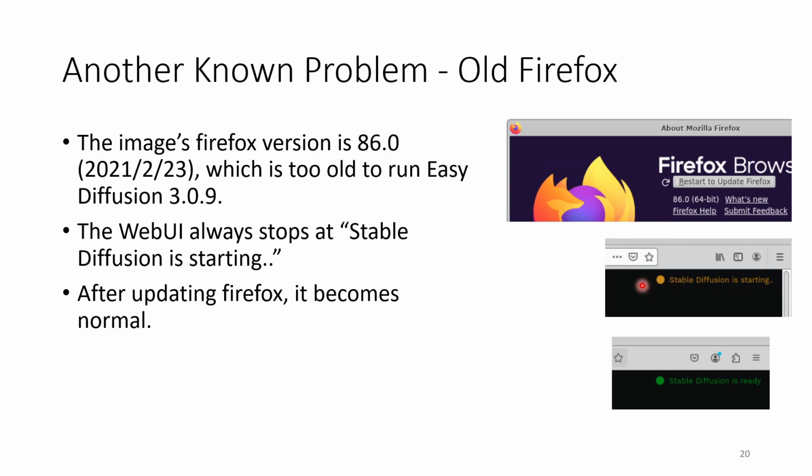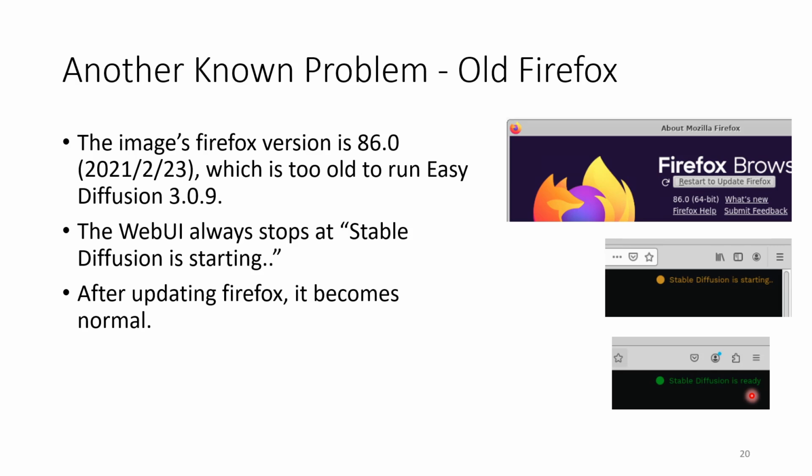It will confuse you if you don't know it, but it is easy to solve. Firefox will automatically update itself. Just turn off Firefox and turn it on again. Your system will install the latest version of Firefox, and then you will no longer see the warning message. You will see the correct message, Stable Diffusion is ready.